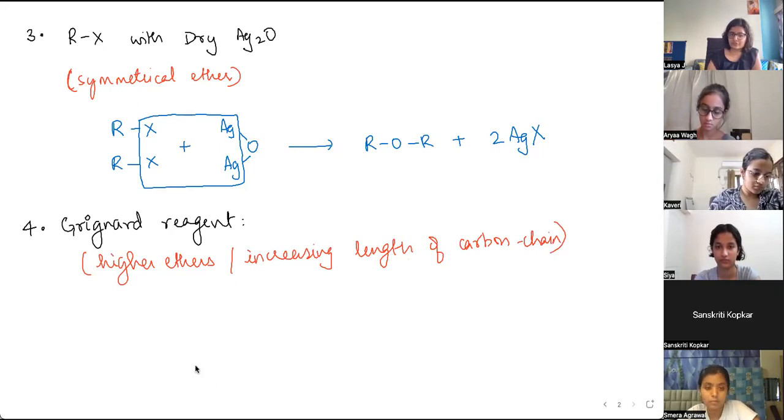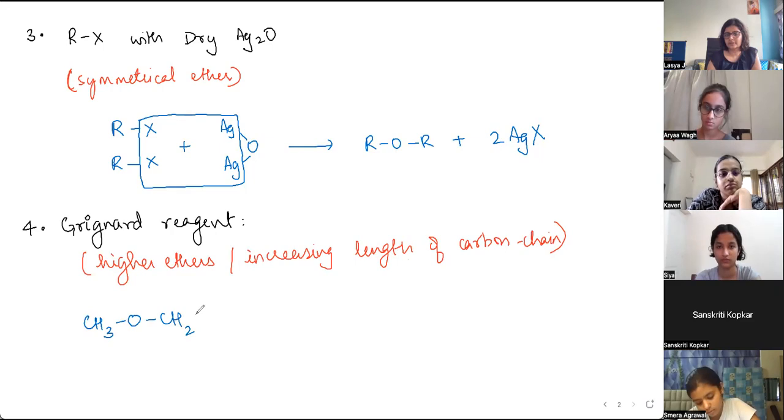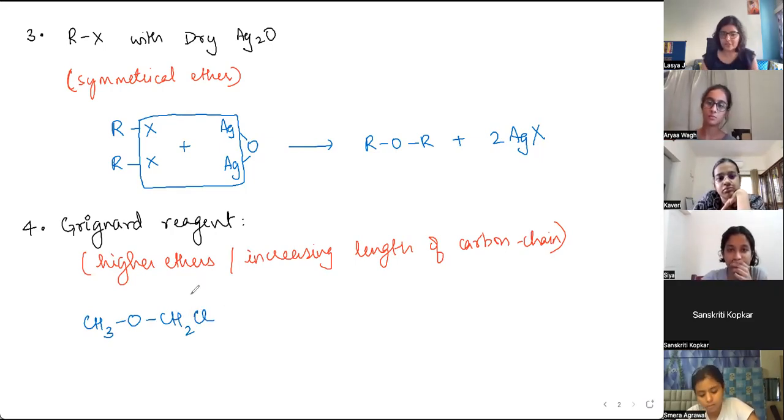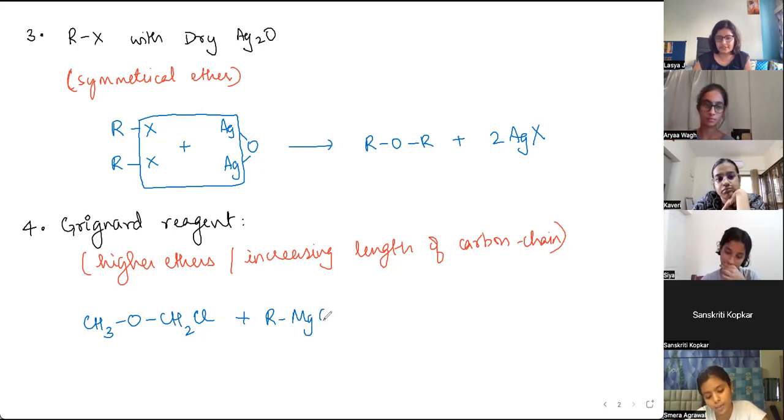This is also similar to the silver oxide reaction. You already start off with an ether, but in one of the carbons, wherever you want to attach the carbon chain, that's where you want the halogen to be. Then treat it with Grignard reagent, RMgCl, let's say.